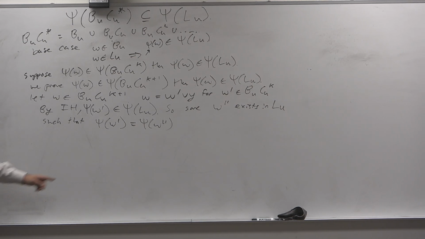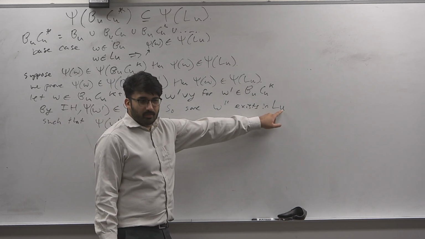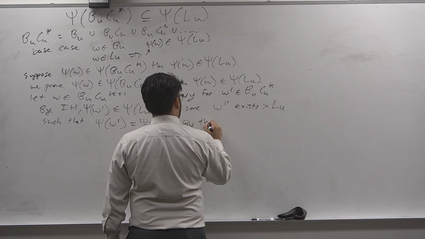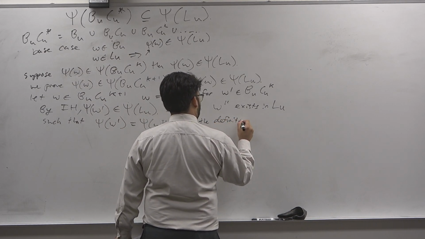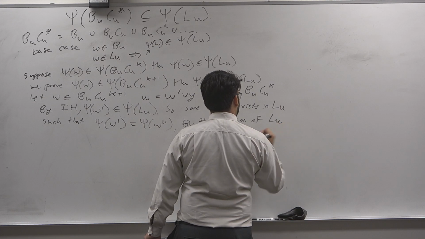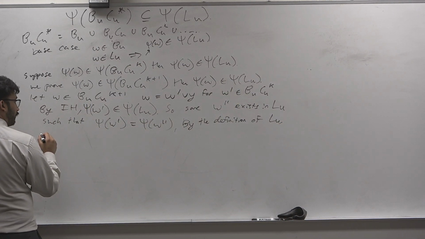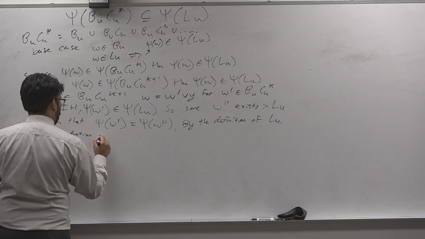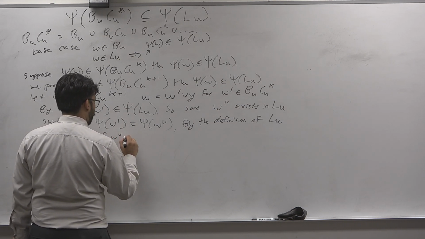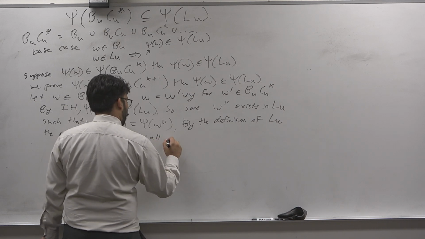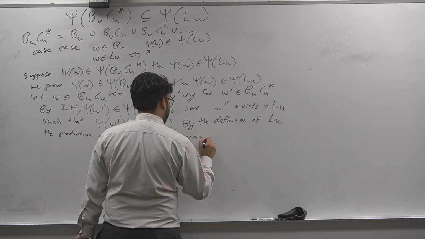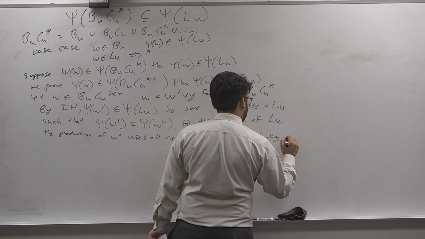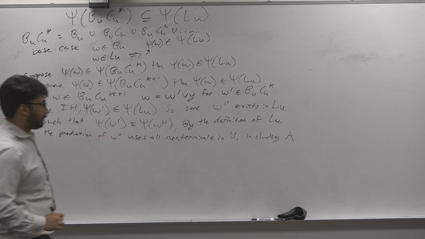If W double prime exists in LU, we know something by the definition of LU: the production of W double prime uses all non-terminals in U, including A, right?